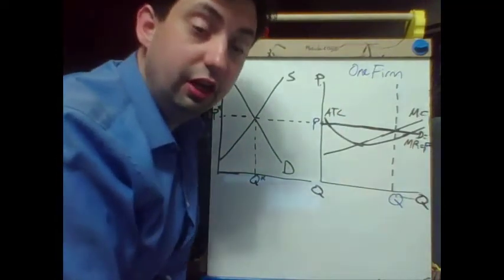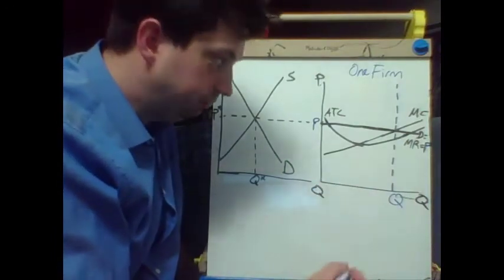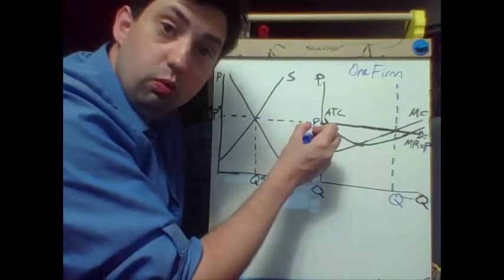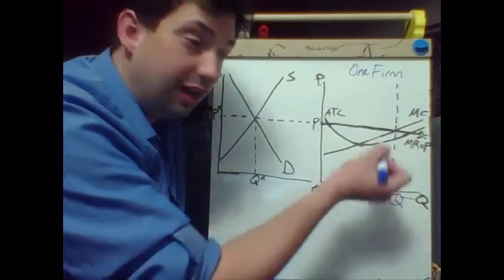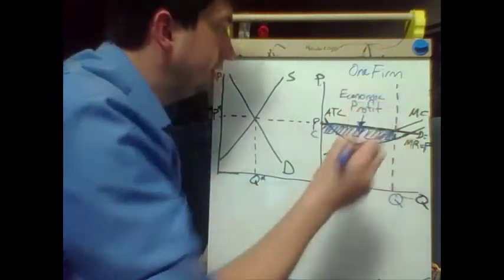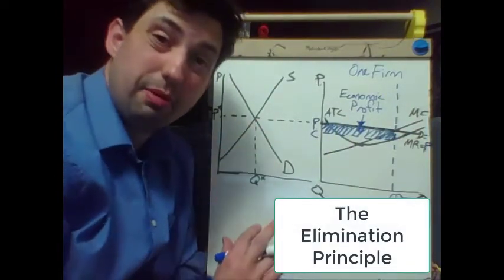We also check to see where the costs are. This is the revenue per unit. What are the costs per unit? And we find that by looking at quantity at average total cost. This is economic profit.